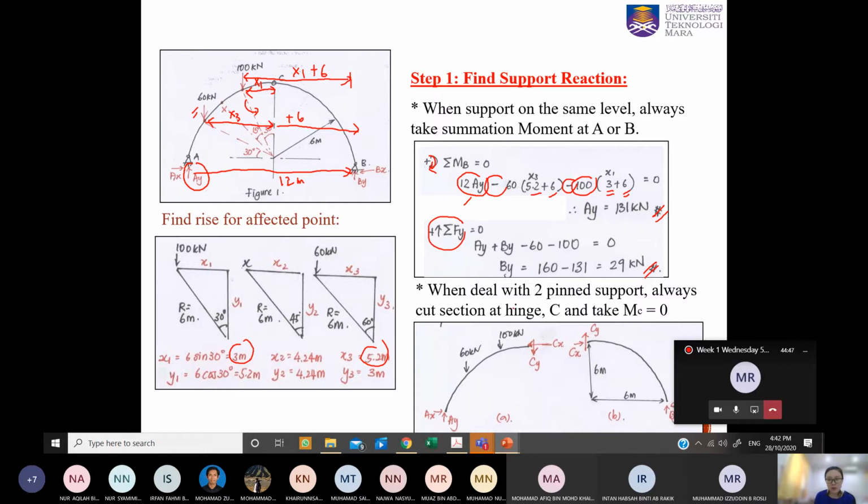We provide a cut section at the hinge and draw the free body diagram, CY, CX, and take MC equal to 0. Then you'll be able to get your AX because you already have your AY. The AY is 131, so only one unknown in the system.